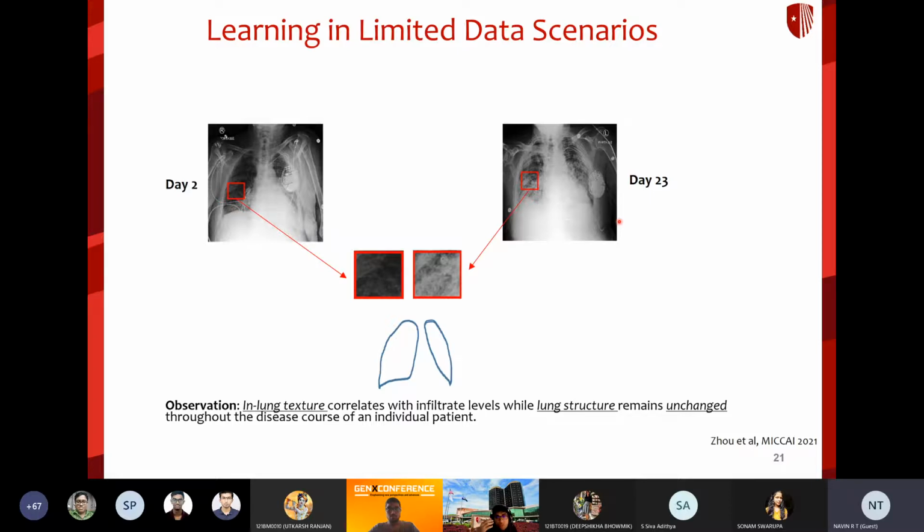Now, we can use this observation to develop techniques that would help us create new X-rays that preserve lung structure and can introduce new texture to these lungs. And this will be clear in the next couple of slides. So the observation here was that in-lung texture is reflective of disease severity.